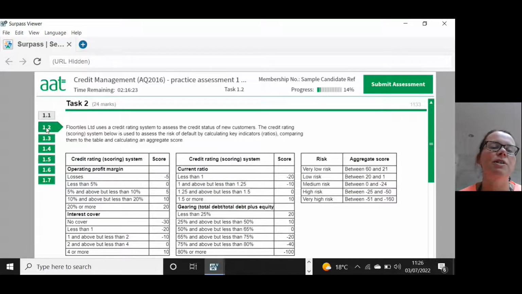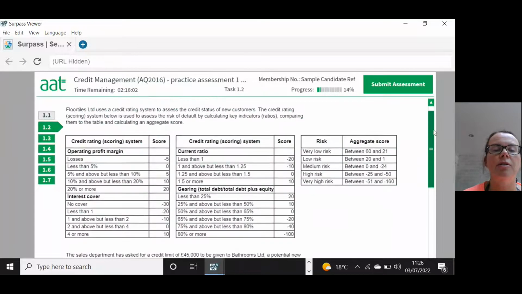Floor Tiles Limited uses a credit rating system to assess the credit status of new customers. The credit rating scoring system below is used to assess the risk of default by calculating key indicators, comparing them to the table, and calculating an aggregate score.